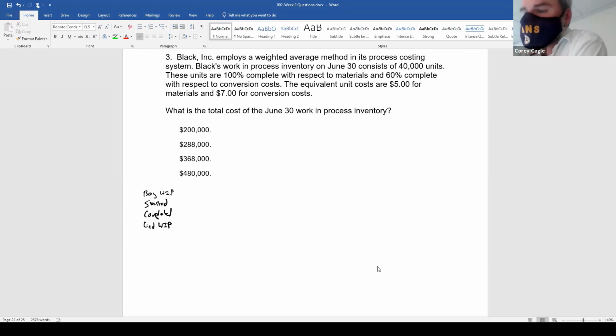Remember, they only need to give us these last two for us to keep going. We don't really need to know the beginning work in process or the units started. All right. Work in process inventory on June 30th. That's our ending period. 40,000 of them. These are 100% on materials. This is just my little formatter writing it out. 60% converted.